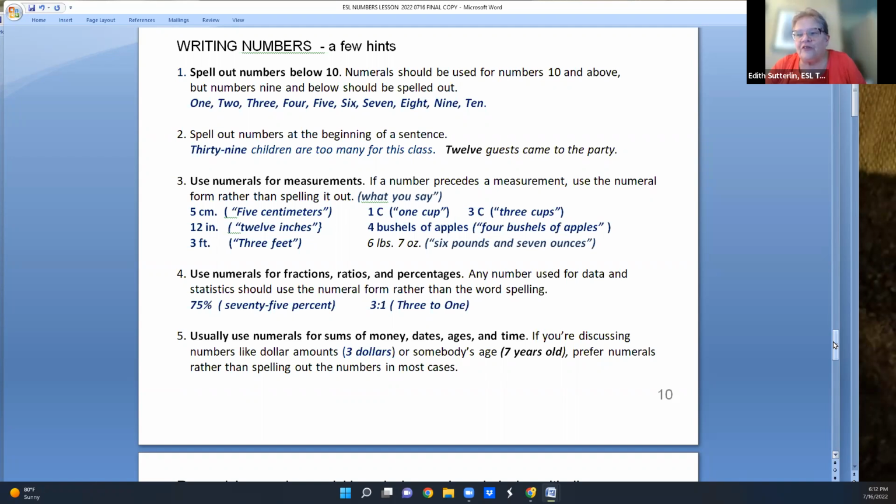We use numerals for fractions, ratios, and percentages. So we say 75%, 75%, or 3-to-1 for a ratio, 3-to-1. We usually use numerals for sums of money, like $3, or for someone's age, like 7 years old.